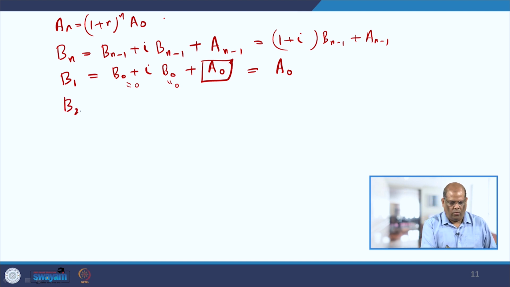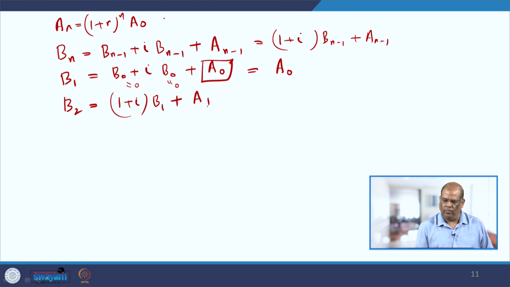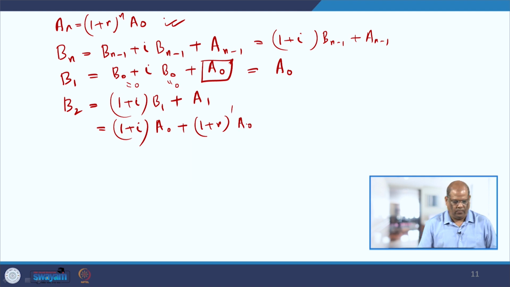Your B2 will be 1 plus I into B1 plus your A1. So, 1 plus I, your B1 is A0, and your A1 from here is 1 plus R to the power 1 into A0. Let us now come to B3.